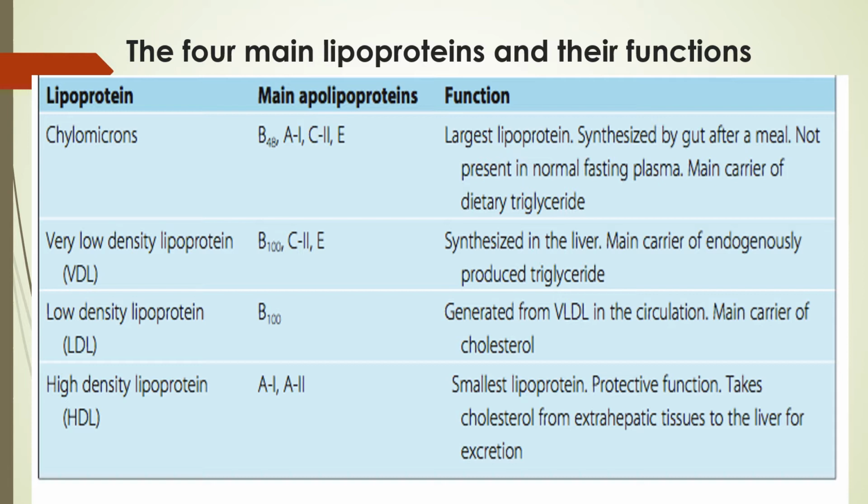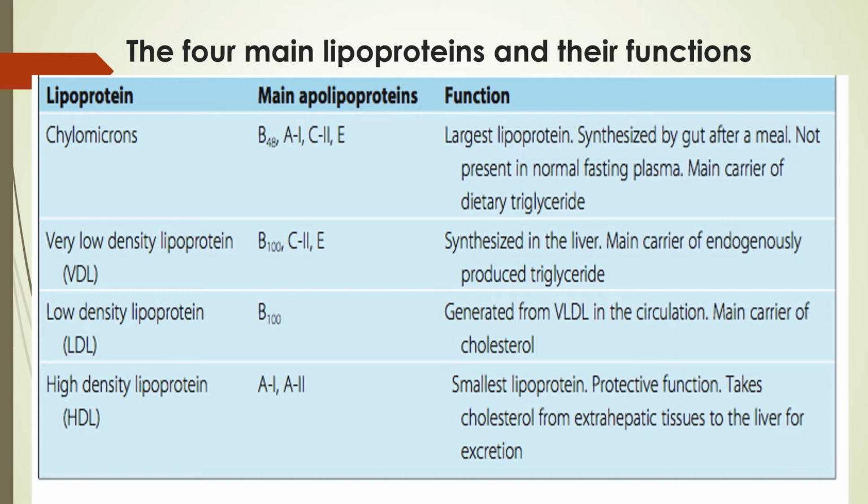For the classification of lipoproteins, we have 5 classes of lipoproteins, 4 of which are outlined in the table shown. They all share the characteristic of containing cholesterol, triacylglycerol, cholesterol ester, phospholipids, and apoproteins, but at different proportions.